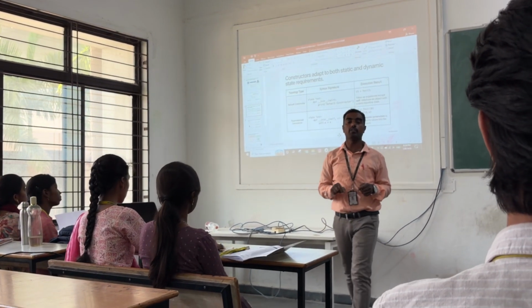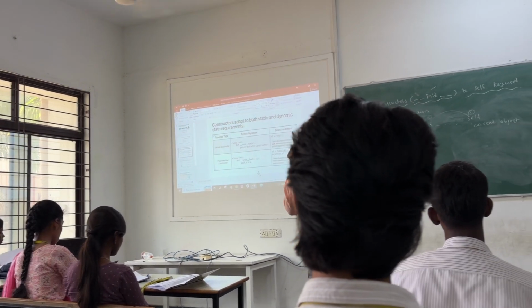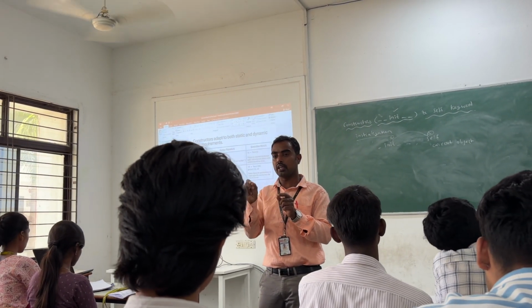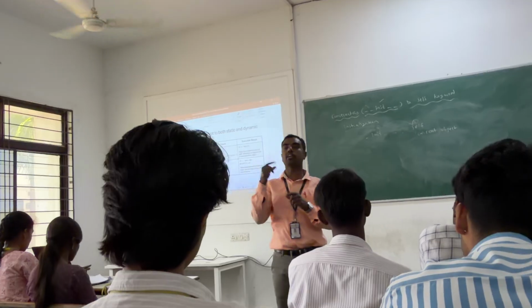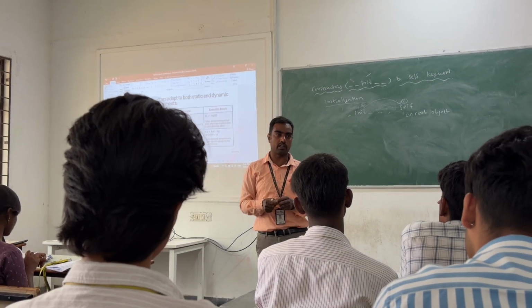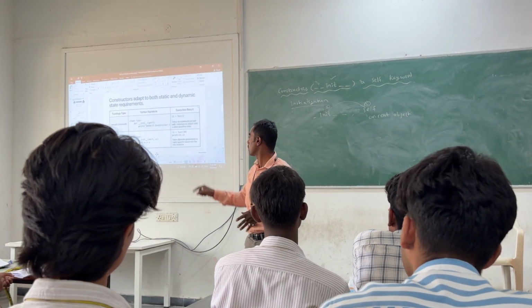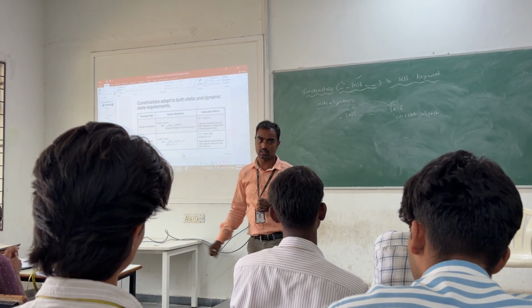That type of constructor is called a parameterized constructor. Already I told you in a previous slide, we have different parameters along with the self. If there is only self, that is the default constructor. Along with the self, if we have extra parameters like name, marks, age, then it is known as a parameterized constructor.